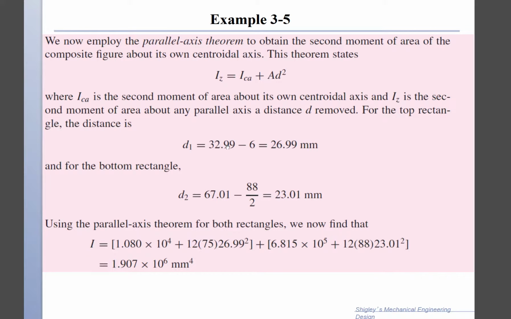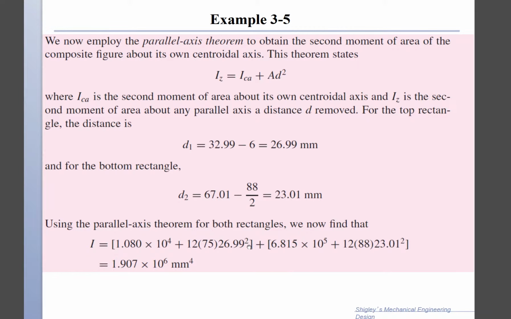So we have to find these numbers, D1 and D2. D1 is C1 minus 6. And D2 is C2 minus half of 88, that is 88 over 2. Therefore, having found C1 and C2, we transfer the moments of area to the common axis by adding the additional amount, which is area times d squared for each, to find the total sum.